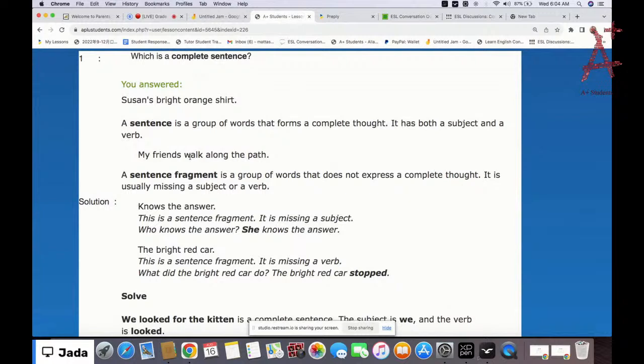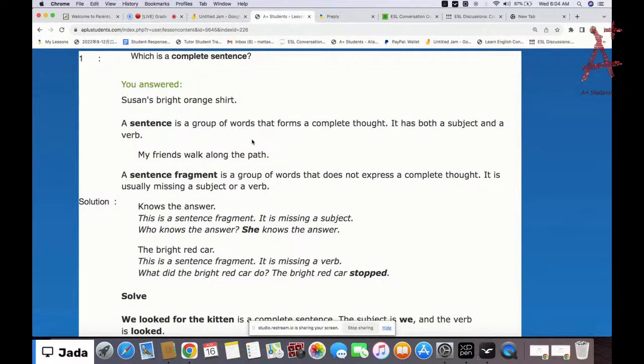So a sentence always forms a complete thought, which means you understand the sentence. There's no grammatical error, no mistake in the sentence. That is what a complete sentence is.